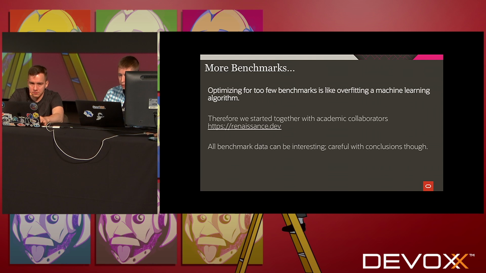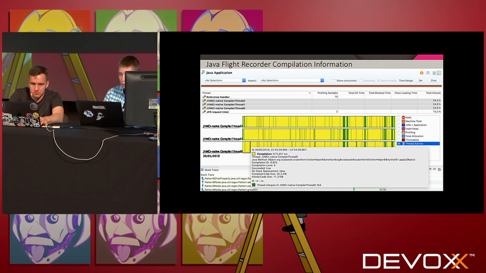So the bottom line is usually trying to test your own workloads. One of the things that we are often interested in such scenarios is to get Java Flight Recorder information. Java Flight Recorder information also tells us how busy the compiler was during a certain run. Sometimes the compiler spends a lot of time on JIT compilation, but once the JIT compilation is done, the program already exits.